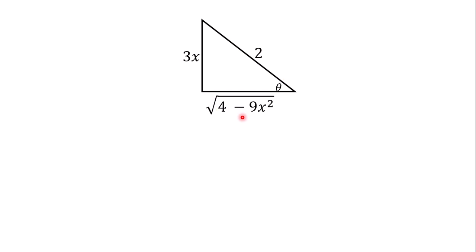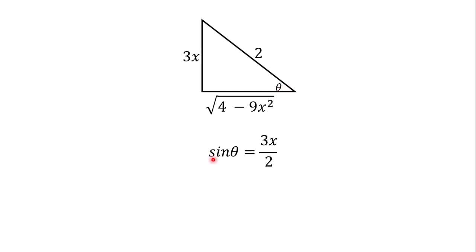Now when we pick cosine, it's going to be this one over this, and differentiating will require much work. When you pick tangent, it's going to be this over this, which also requires much work. But when you pick sine, it's going to be this over this, and that one is quite easy to differentiate compared to cosine and tangent. So our sine theta, remember you always pick the ratios together with the angle.